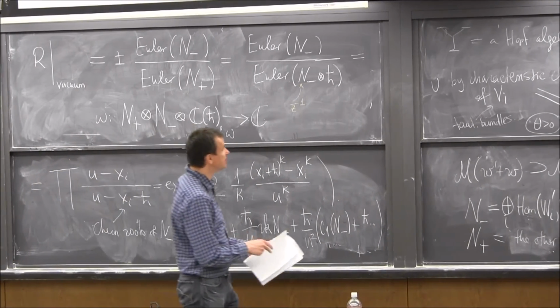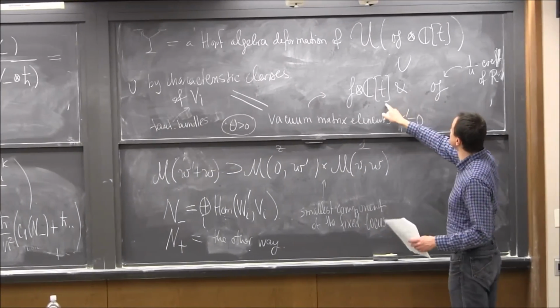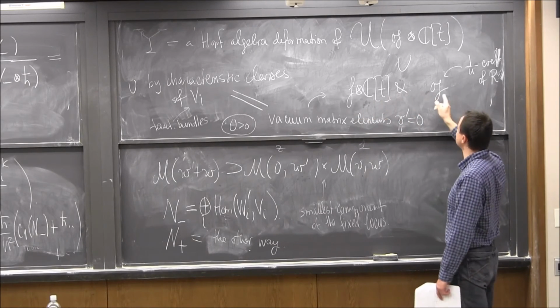So in particular, these two things have an intersection. The intersection between polynomials in Cartan and the Lie algebra is Cartan itself.